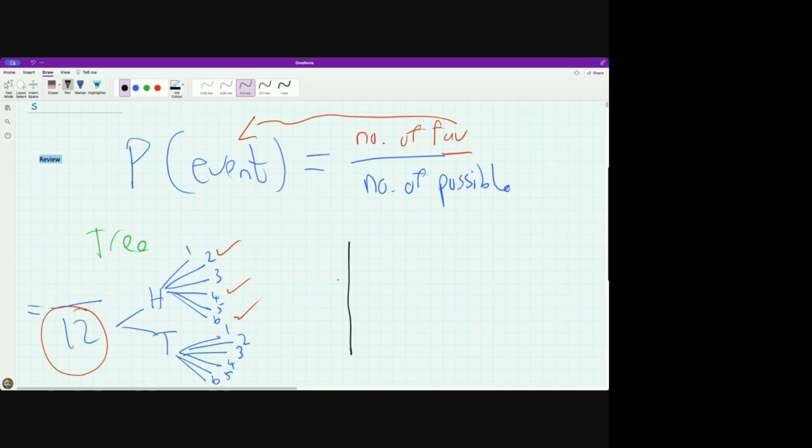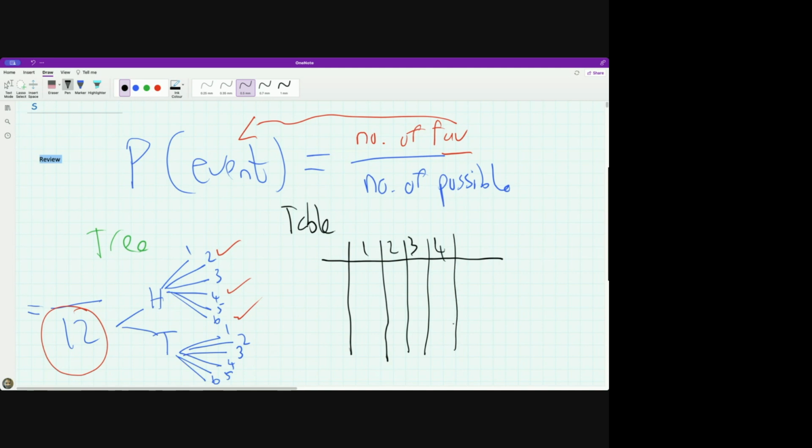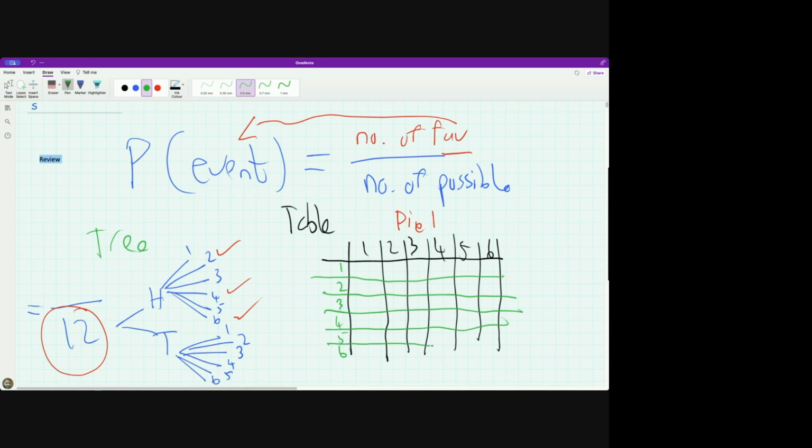The other thing we looked at was if we rolled 2 dice, and we talked about using a table. If you have 1, 2, 3, 4, 5, 6, those are all the options on dice number 1. But what happens if you have a second dice? Well, then a table is super useful because it allows you to visualize 2 dice happening.